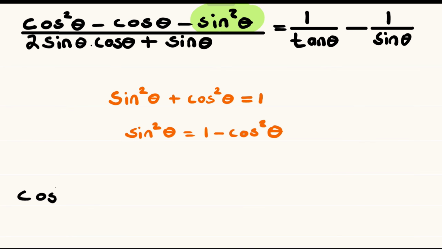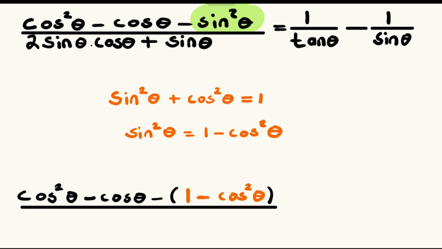So we have cos squared theta minus cos theta minus, in the place of the sine squared theta, we substitute the 1 minus cos squared theta, divided by the 2 sin theta cos theta plus the sin theta, and this is the left hand side.